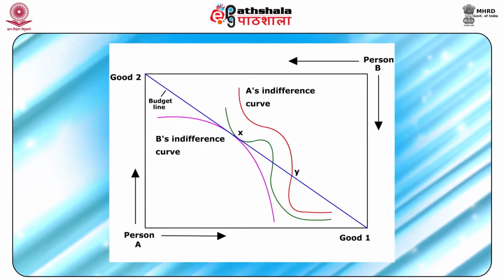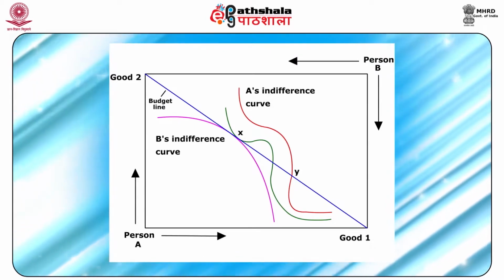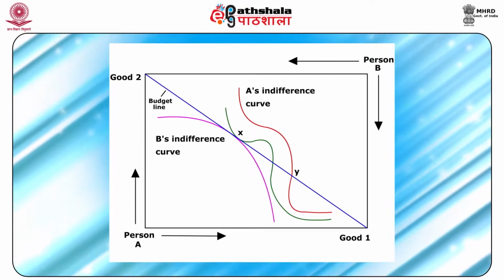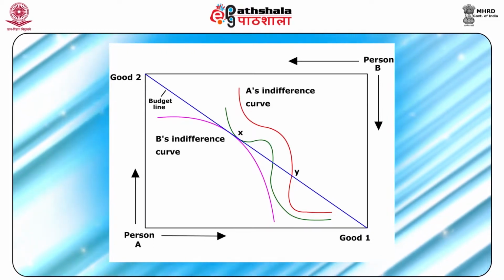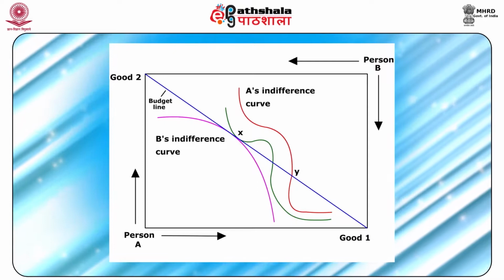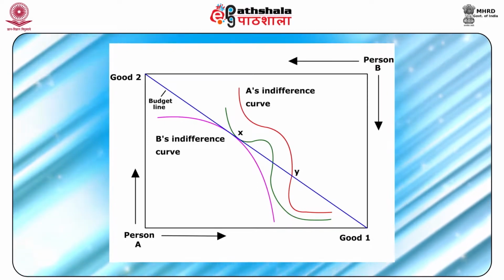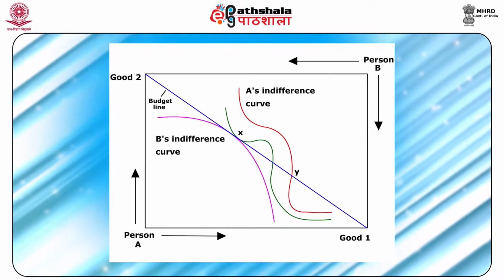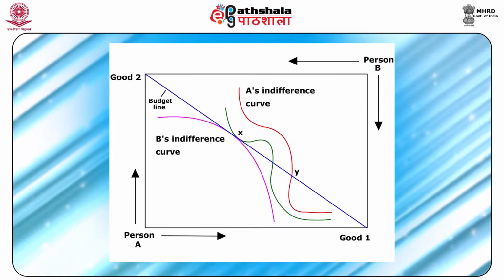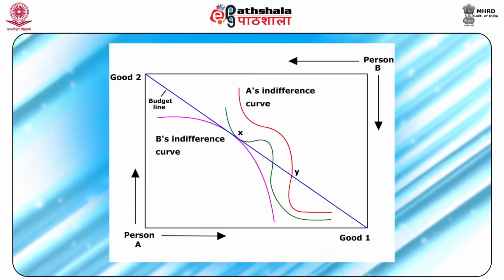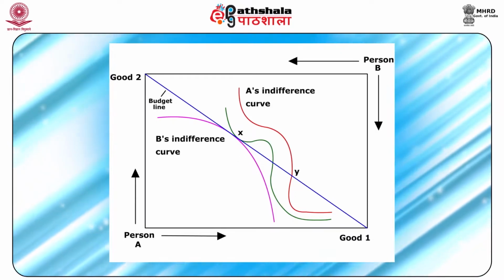Here the illustrated point X is Pareto efficient, but there are no prices at which A and B will want to consume at point X. The optimal demands of agents A and B do not coincide for the given budget. Agent A wants to demand the bundle Y, but agent B wants the bundle X. Demand does not equal supply at these prices.